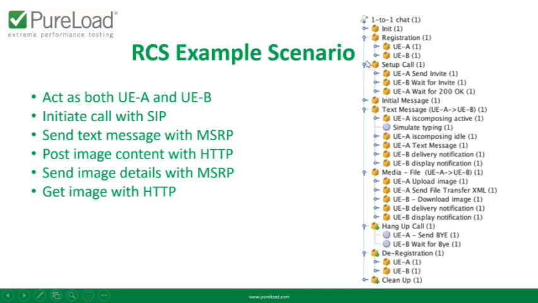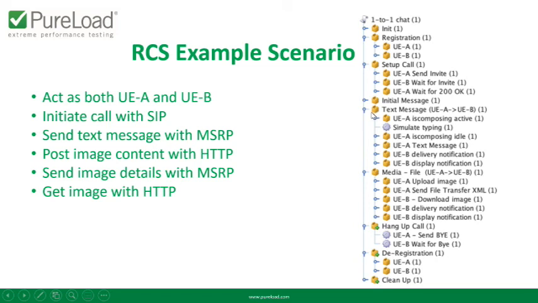So here we're setting up a call between A and B. There is an initial message sent, and then we start sending text messages over MSRP. So that's the sequence here.